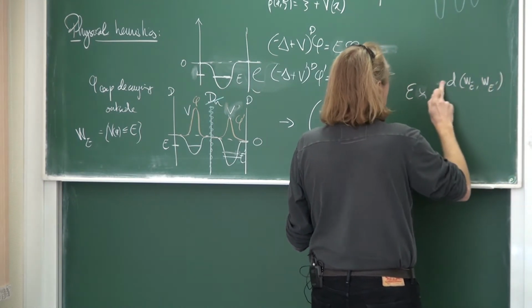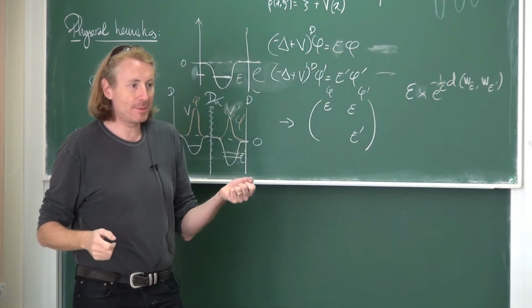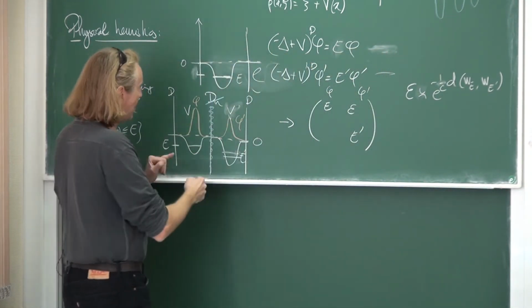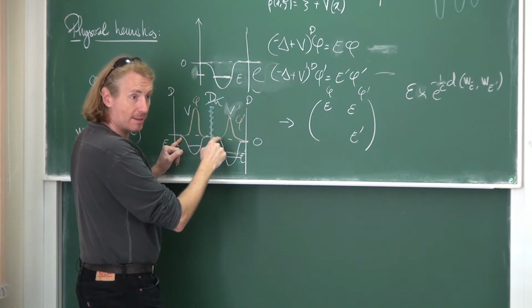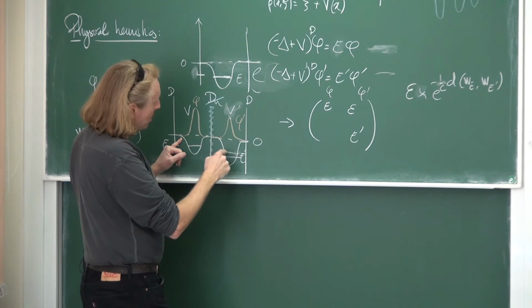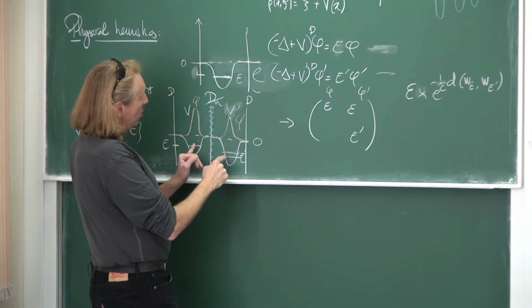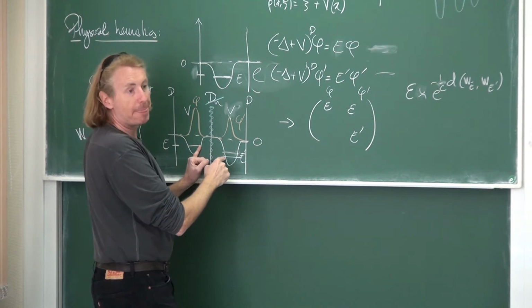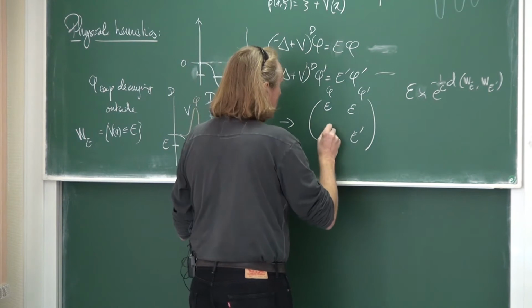Of course, the true expression is more complicated than that, but roughly you extend your phi, which goes on exponentially decaying, and you get roughly an exponential of minus some constant times the distance separating the two wells. And here you get, of course, the same epsilon.